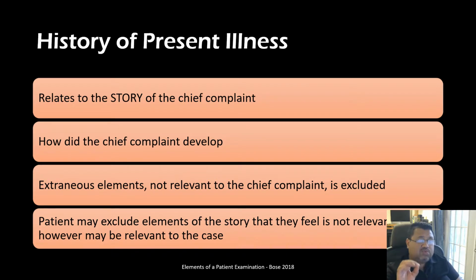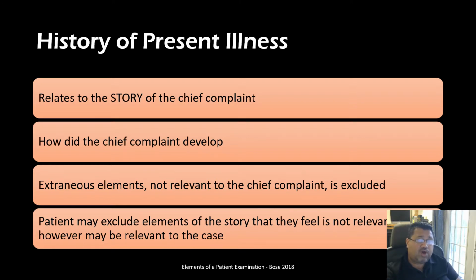So getting the smallest detail may be the clue to finding the diagnosis of what's wrong. It is important to probe the patient. It is also important to remember that excessive interruptions to their story are not good unless you feel that something may be missing.